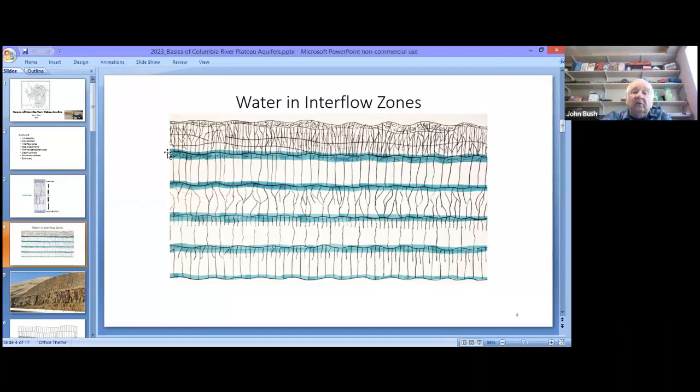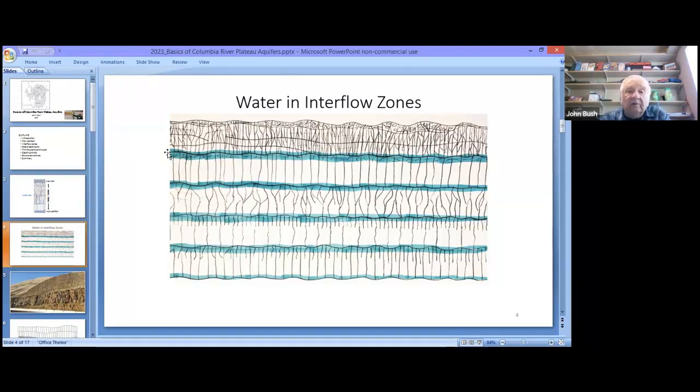So in a sequence of 5 flows here, all equal thickness, let's just say 100 feet, but each of them having a different columnar jointing in the center, the real water is still concentrated along the interflow zones. This was noticed a long time ago.